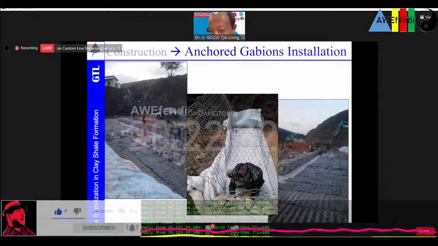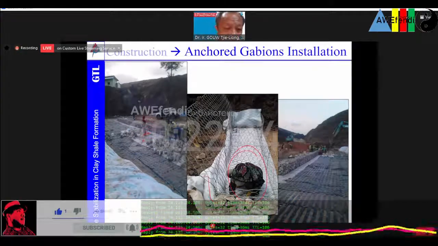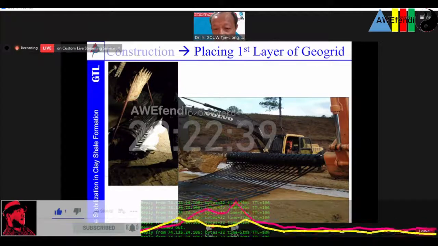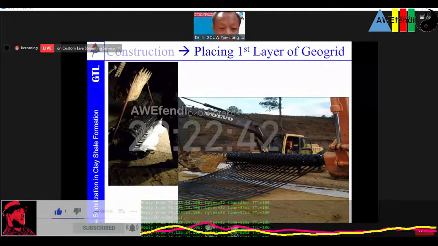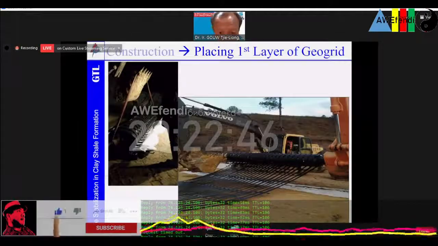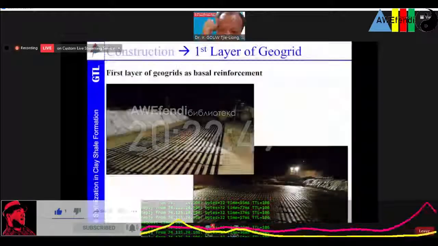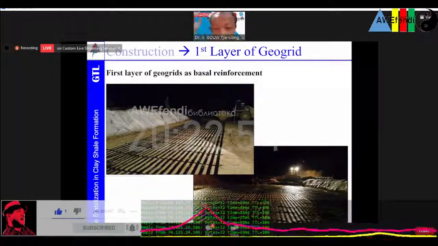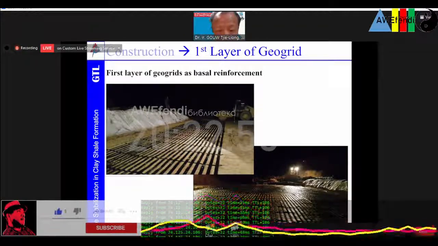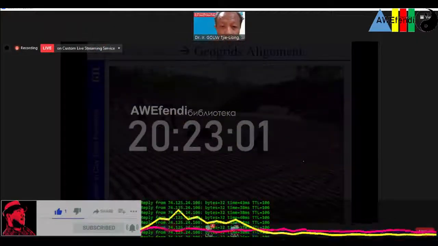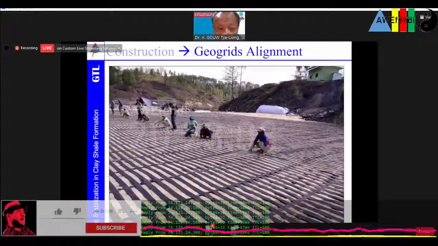And this is how we lay the geogrid, the high strength geogrid. Even at nighttime they still do the work, because as I said, to minimize the exposure of the very bottom layer, we do it 24 hours a day at that time. So this is the overview of the laying of the geogrid.